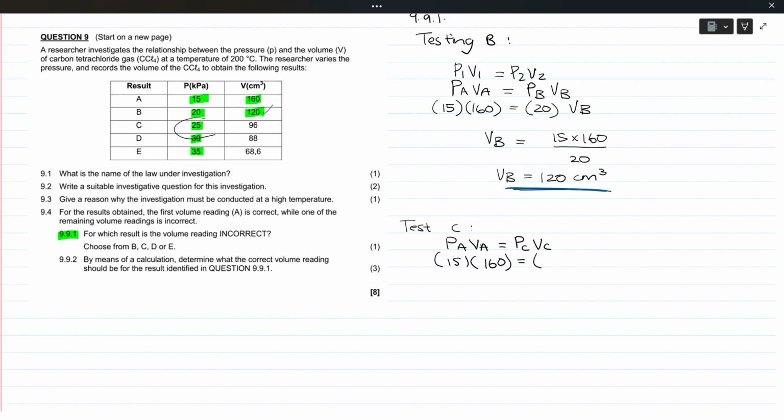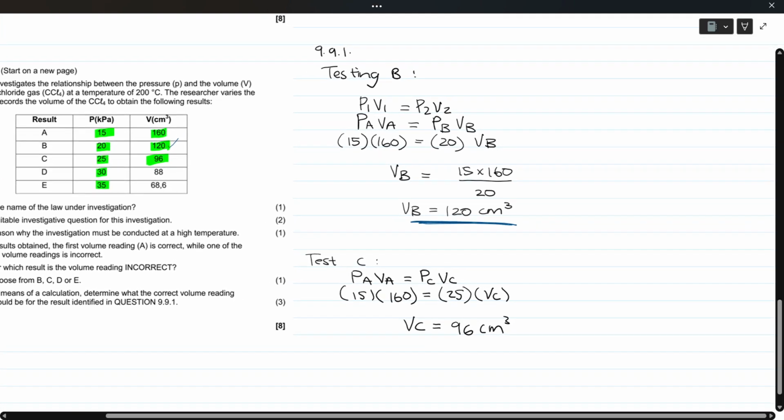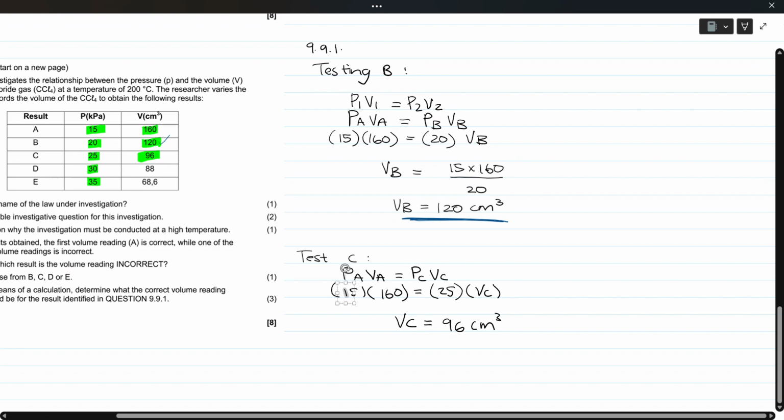The pressure for C is 25, and we are testing for the volume of C. You should actually get from this 96 centimeter cubed. So it matches perfectly here. Therefore, this is also a correct reading. Let's try reading D.